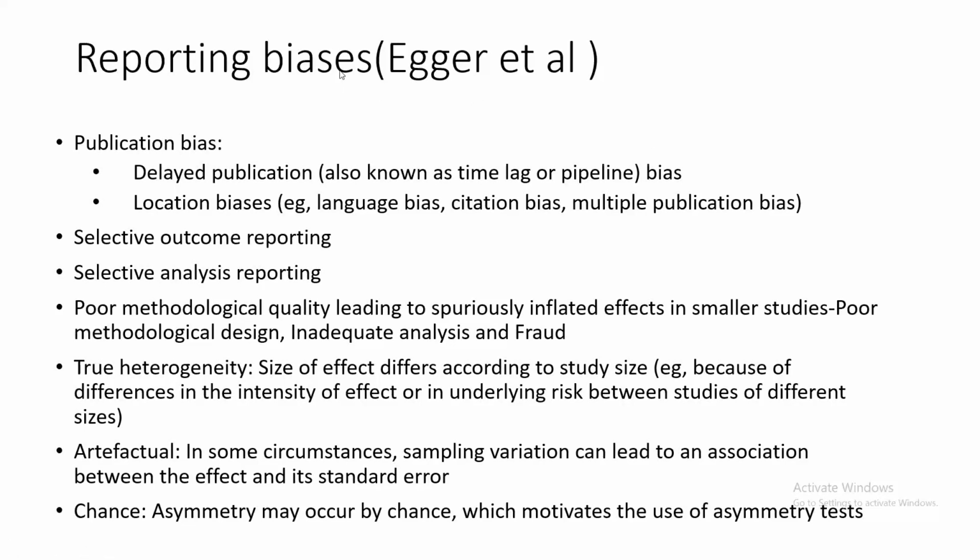Publication biases happen because of what reasons? As per Egger et al., 2005, a location bias can happen. I could be a little biased towards taking Asians. These are the reasons why the bias might happen.